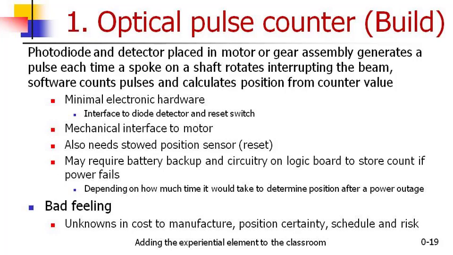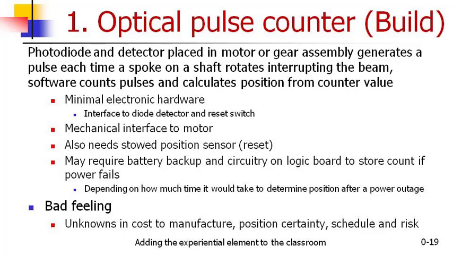So let's look at the optical pulse counter for a minute. I talked about that. The photodiode and detector generates a pulse, and the software counts the pulses and calculates the position. It uses minimum electronic hardware. Basically, there's the interface to the diode detector and a reset switch. And so all you've got to do is to amplify the diode output and digitize it and do some counting.